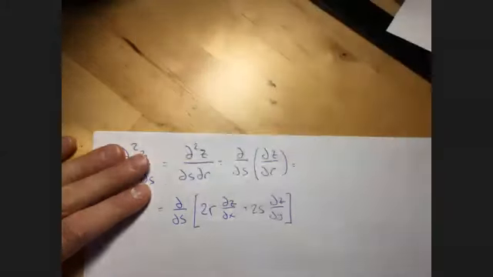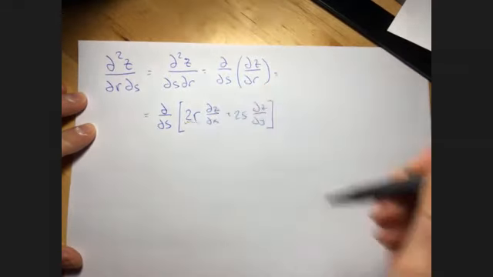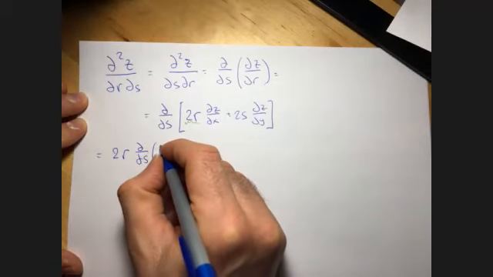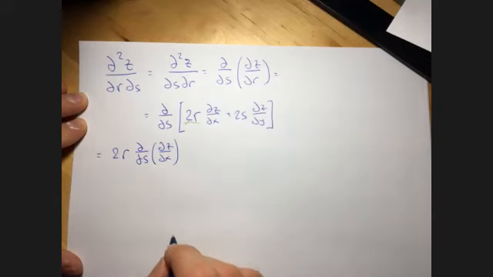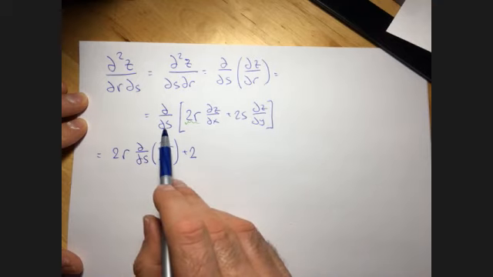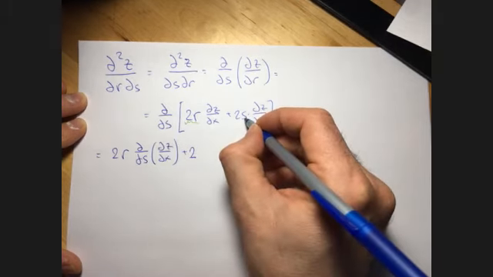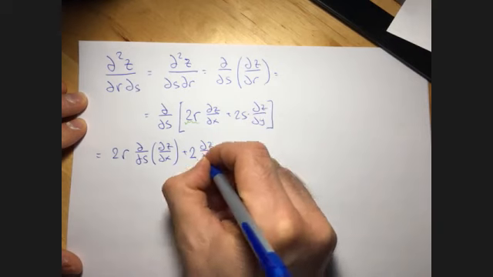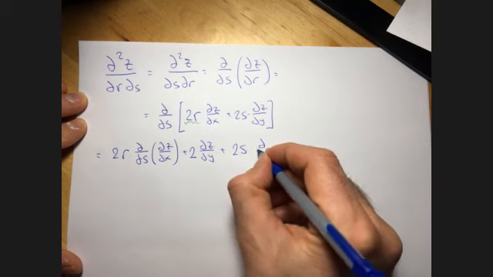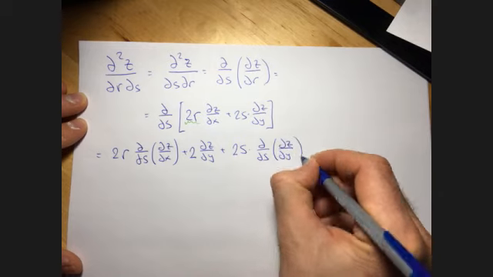Okay, so we're going to speed up just a little bit here. Now this is going to be a constant. So that's 2r, the partial derivative with respect to s of partial z partial x, plus 2 times the derivative of s with respect to s, which is 1. So by the product rule, that's 1 times partial z partial y, plus 2s times the partial derivative with respect to s of partial z partial y.